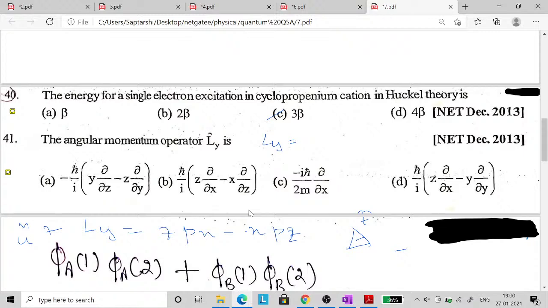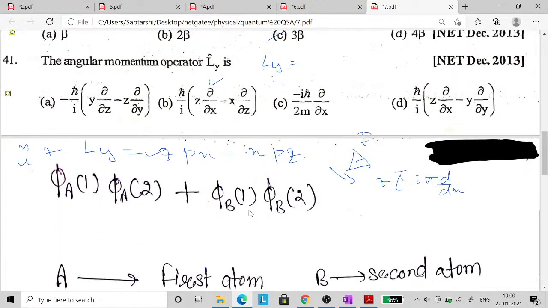There will be z first and then x, so this will be the answer, but I'll show you how it is coming as well. px is minus ih cross d/dx, minus x of minus ih cross d/dz, and 1 by i is actually equal to minus i.